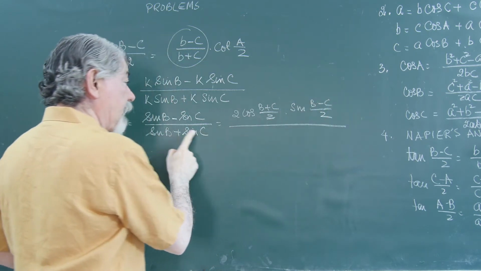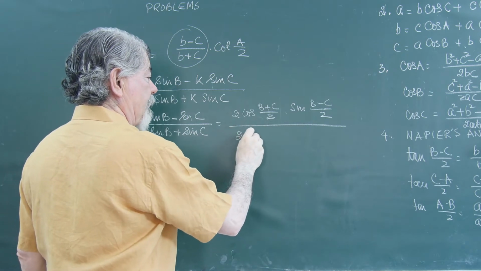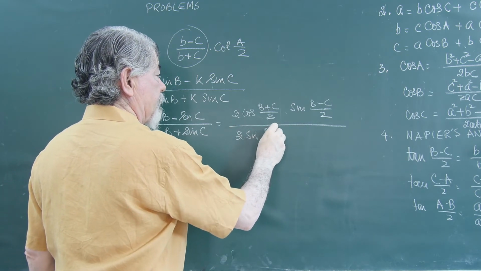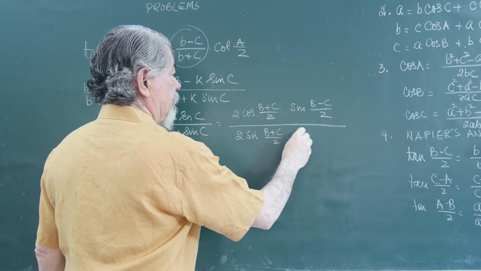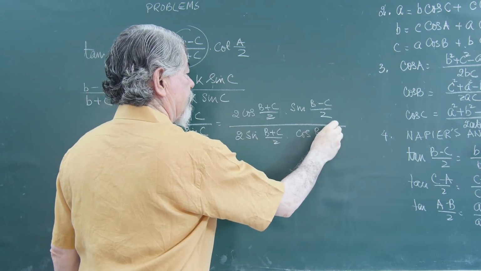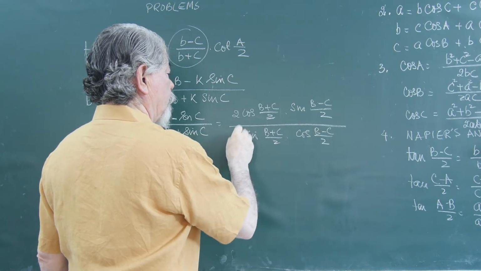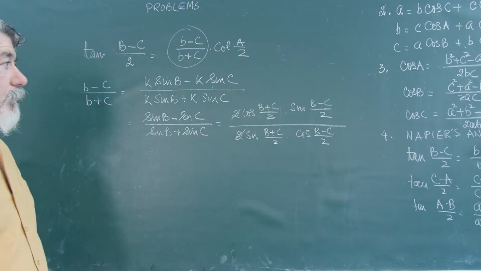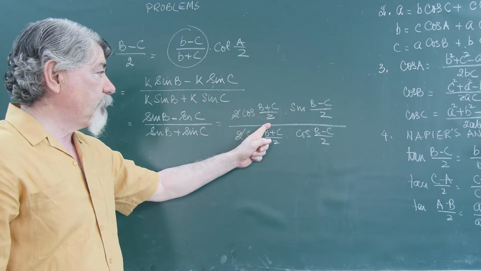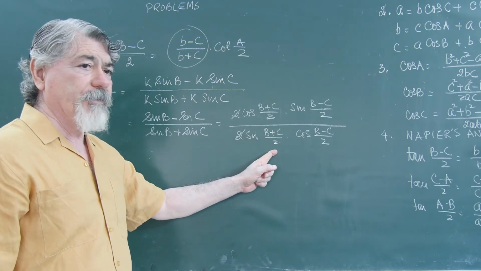When it was plus, then it was 2 sine((C plus D) upon 2) and cos((C minus D) upon 2). So the 2 will cancel here: cos((B plus C) upon 2) upon sine((B plus C) upon 2).